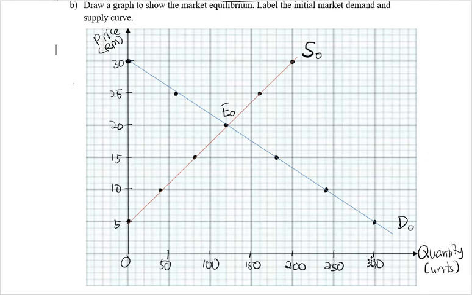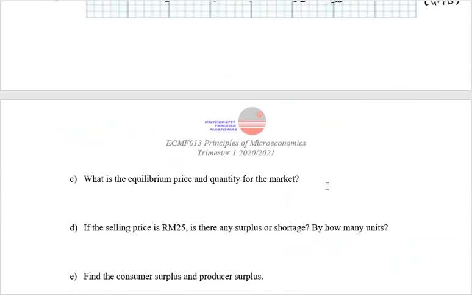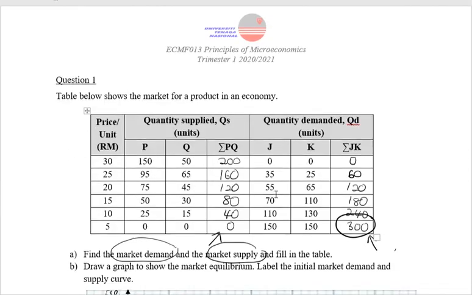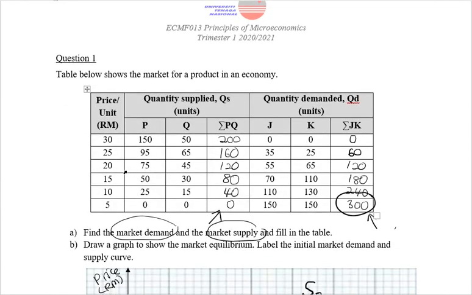Okay, so now you answer question C, which requires you to find the equilibrium price and quantity from the market. You can actually get the answer for C from the table here. Okay, so from the table, you get the equilibrium at the price of 20 ringgit.